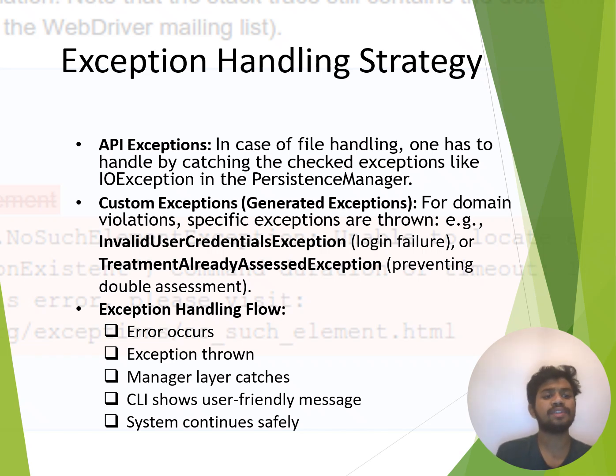Invalid user credential exception, treatment already accessed exception, appointment not found exception, workflow exception. Exception flow: when an error occurs, an exception is raised, the manager layer catches it, a user-friendly message is displayed by the CLI, and the system keeps on working safely without crashing. Thus, the usability and robustness of the system are improved greatly.